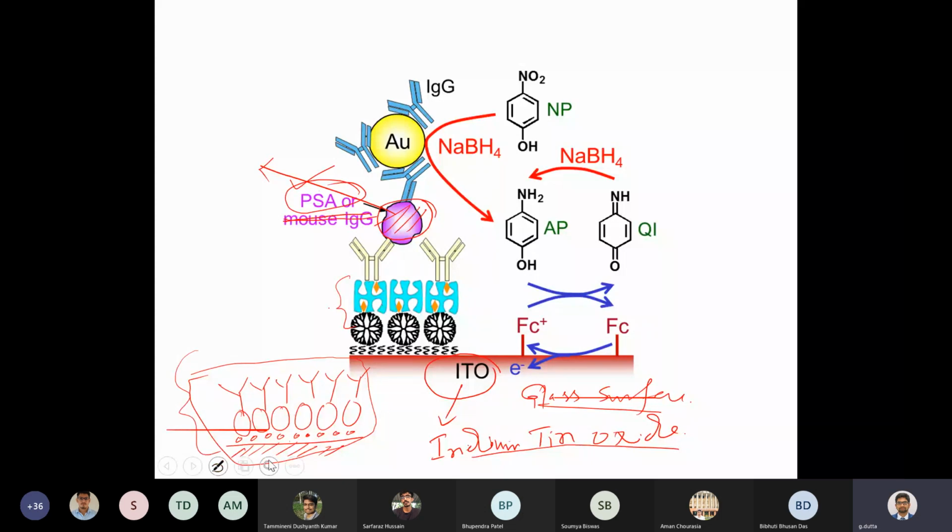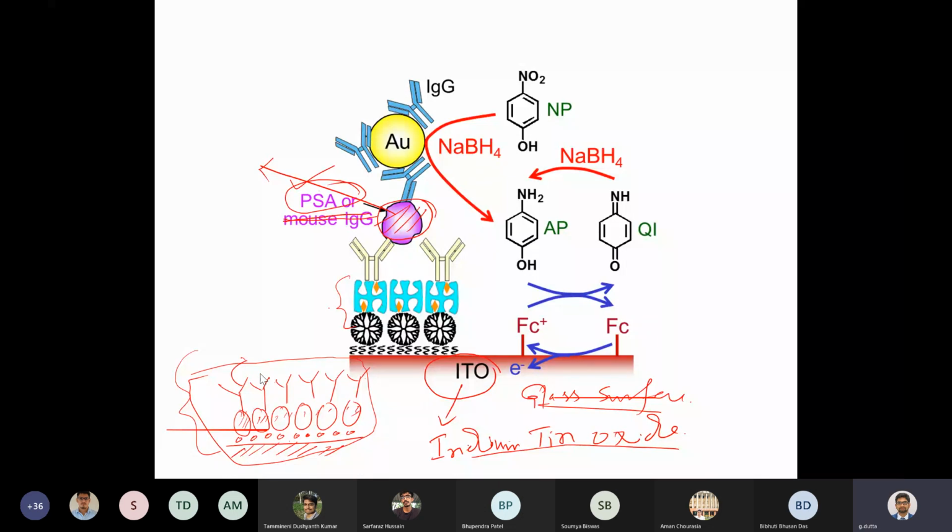So this is actually your biosensor. The sensor surface is ready for detection. So what you have to do? First you have to choose a transducer, that is the sensor surface. On that sensor you have to drop some linker. With the help of linker you can add some antibody. Antibody is the bioreceptor, right? I already taught you what the bioreceptor is. So bioreceptor can bind with your target, right?